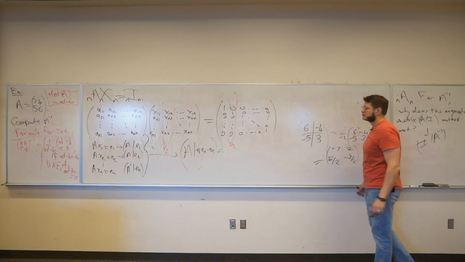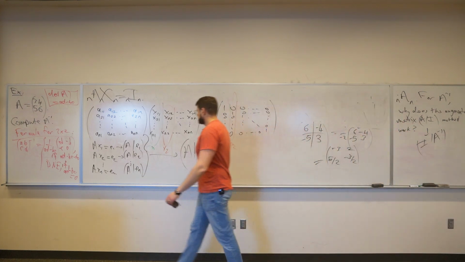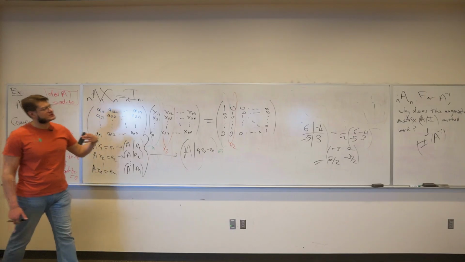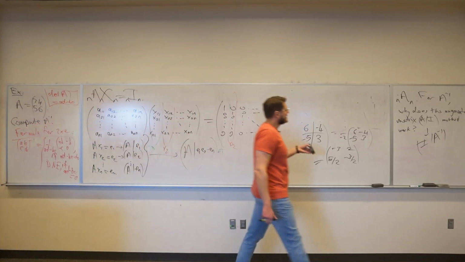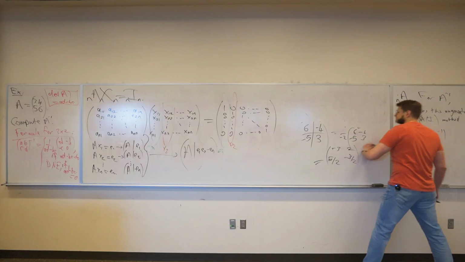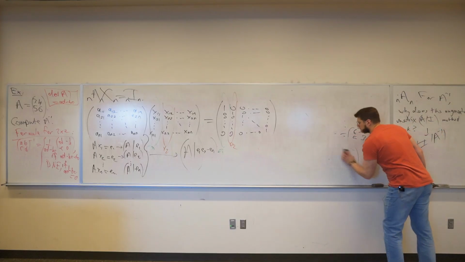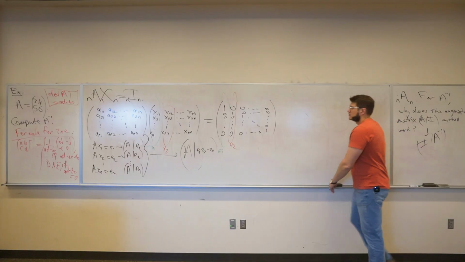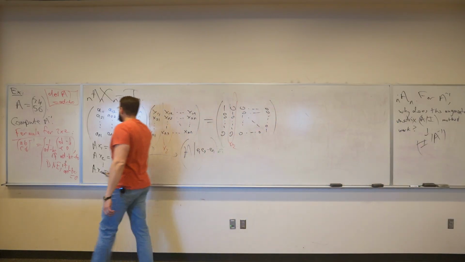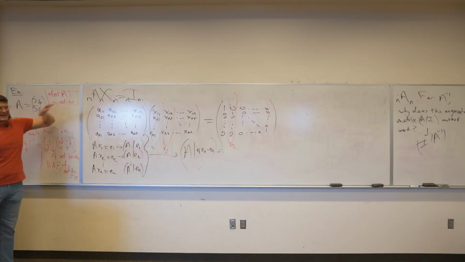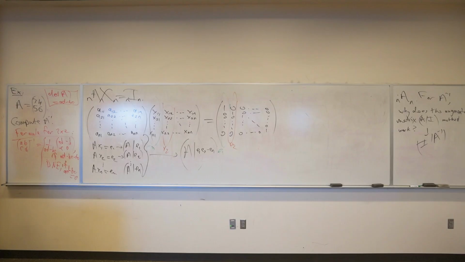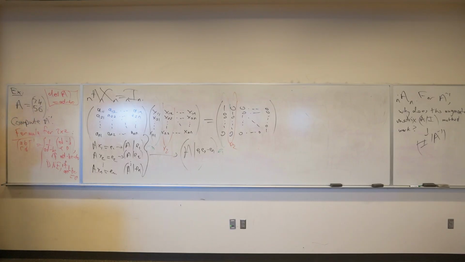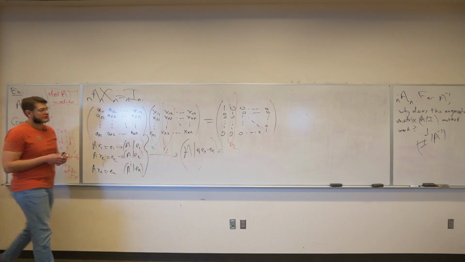This is one explanation. Another explanation is by way of thinking of A as a transformation. If I were to think of A as a transformation, then A inverse should be a transformation too that rewinds whatever A did. Right? That's the point of inverting something.